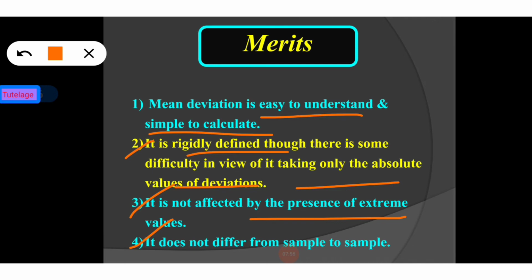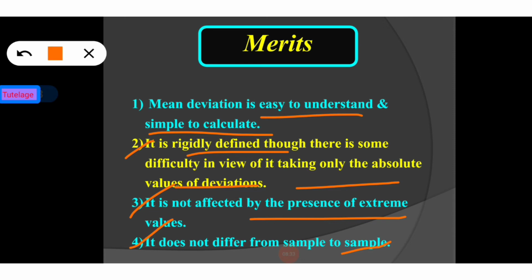So it doesn't differ from sample to sample. Okay, because it has sampling stability. Clear? So for mean deviation, we will always use the absolute number, without considering the algebraic sign, that is plus or minus.